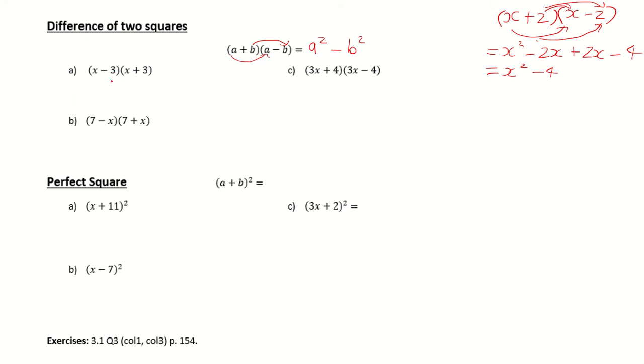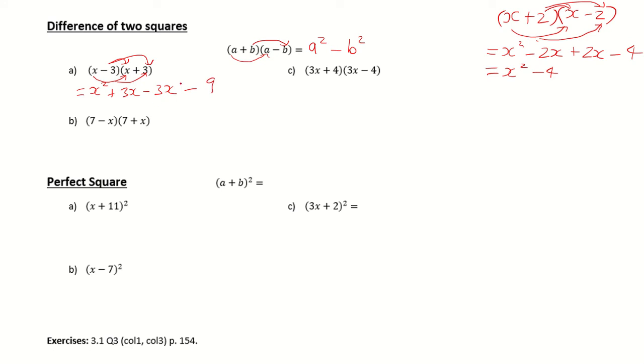So, in a test, because tests can be under time pressure, something like this in the test would actually only be worth 1 mark. So I'm not going to penalize you if you went x times x is x squared, and then x times 3 is 3x, and then minus 3 times x is negative 3x, and then negative 3 times 3 is negative 9.